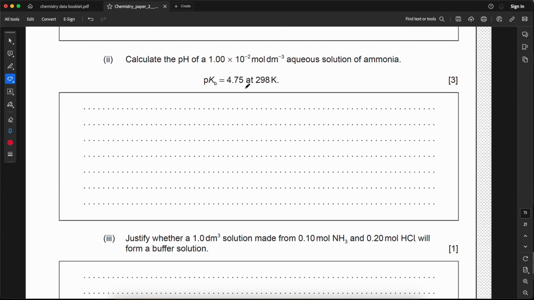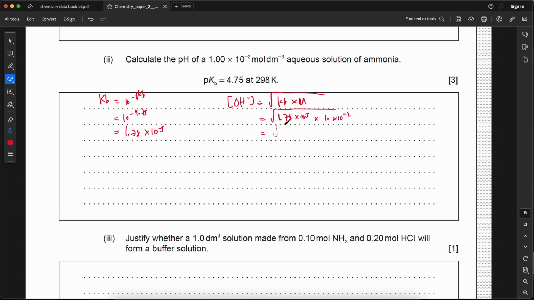All right, calculate the pH of a 1 times 10 to the power negative 2 molar aqueous solution of ammonia. So Kb will be 10 to the power negative pKb, which is 10 to the power negative 4.75, and you get 1.78 times 10 to the power negative 5. And if you know Kb, you can find the concentration of OH minus by doing Kb times M. So if you plug in the numbers, that would be 1.78 times 10 to the power negative 5 times 1 times 10 to the power negative 2.